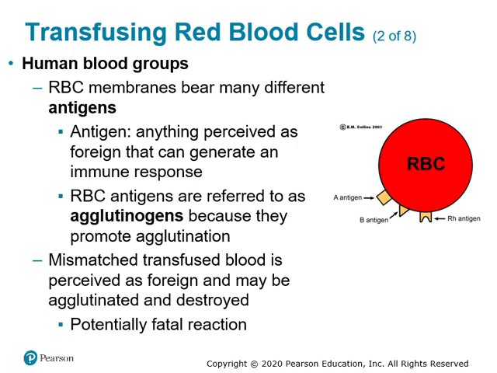So when you give someone donor blood, the recipient's body can see those surface markers, and in that respect, they are antigens. Now, red blood cell antigens are referred to often as agglutinogens because they promote clumping of blood if it's mismatched, called agglutination. Mismatched transfused blood is often perceived as foreign, and may be agglutinated and destroyed. So that's the potentially fatal transfusion reaction.